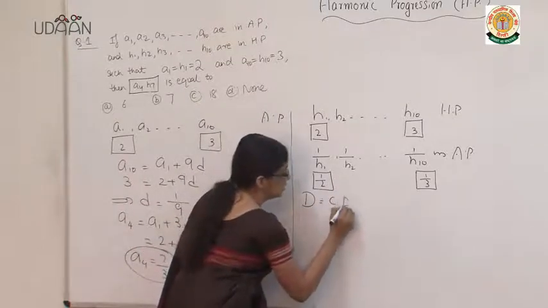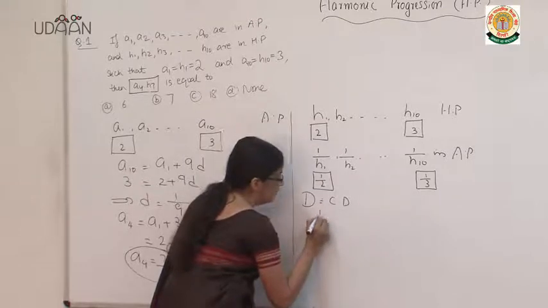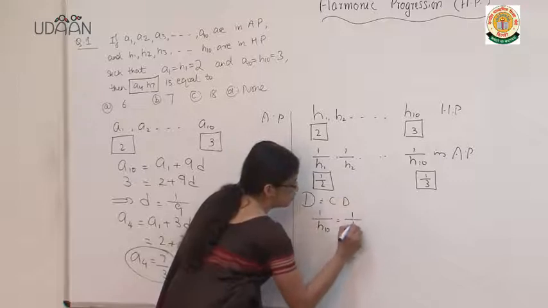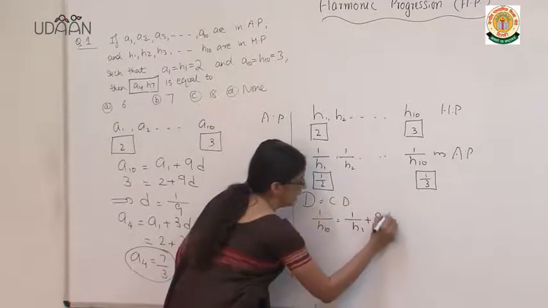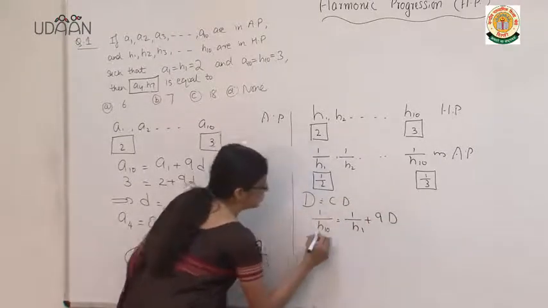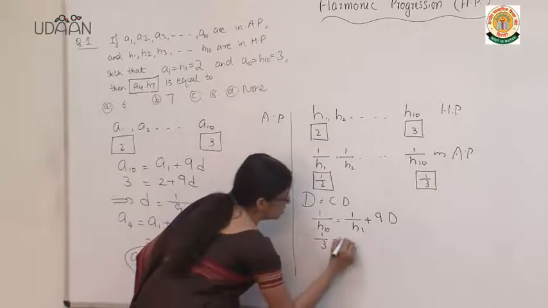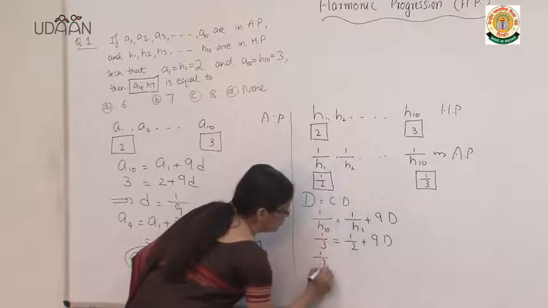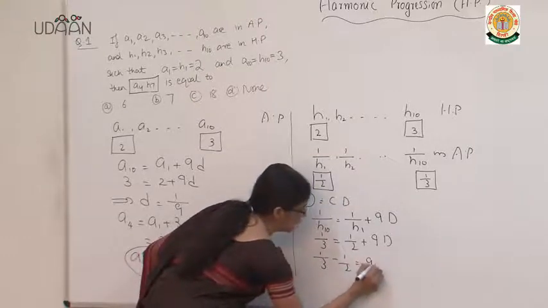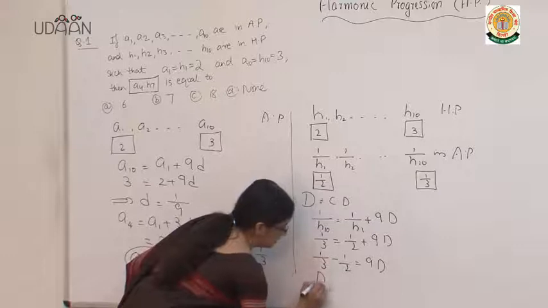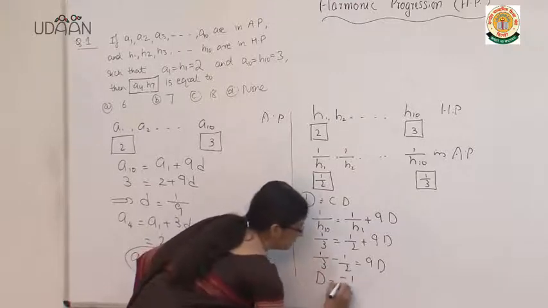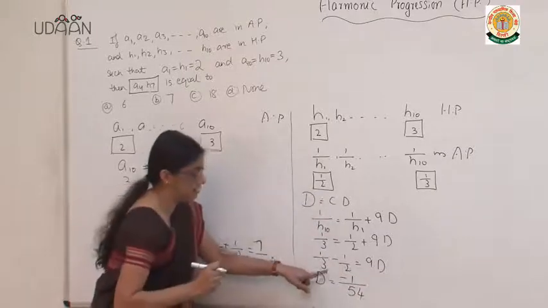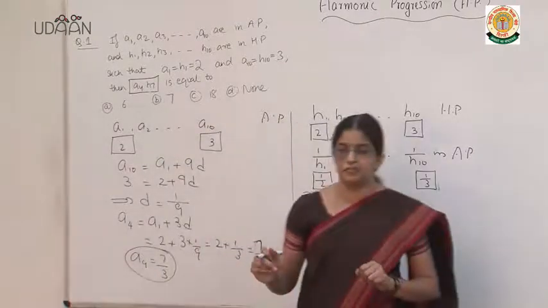Then 1 by H10 equals 1 by H1 plus 9 times D. Putting the values, 1 by 3 equals 1 by 2 plus 9D, so 1 by 3 minus 1 by 2 equals 9D. Simplify to get the value of D as minus 1 by 54. Check the answer, D equals minus 1 by 54.